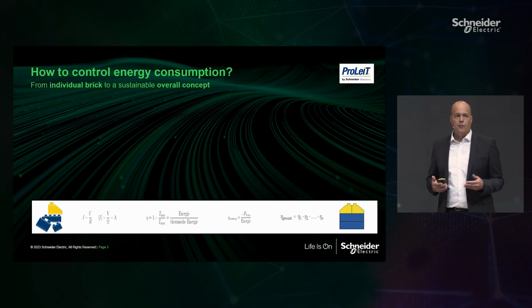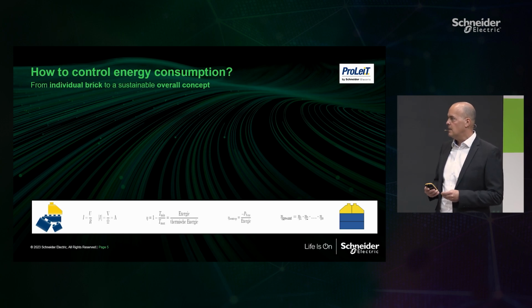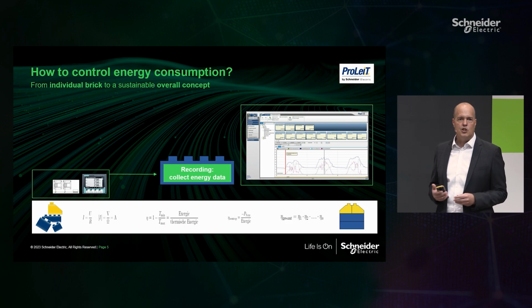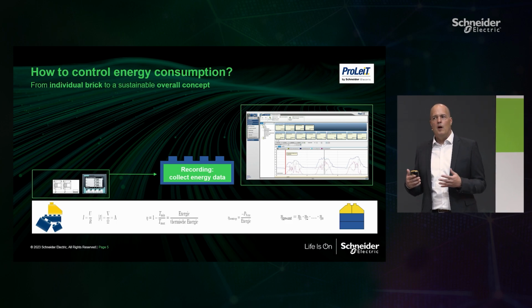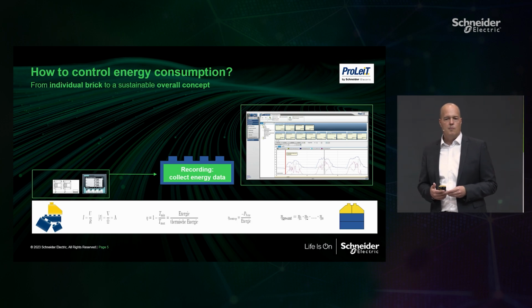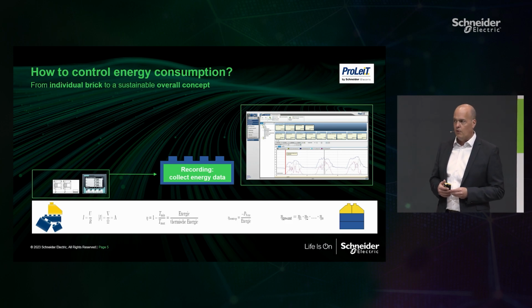The first point, and maybe it sounds a little bit silly, but it's a very important point to see: first, we need to collect the energy data. Collecting means in a clever way, in a smart way. Of course, there are tools available, but of course you can't build them into every part, every single situation, and the plant needs an energy consumption meter, for example.